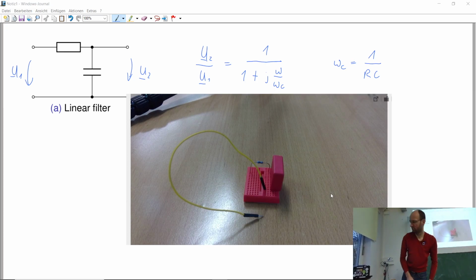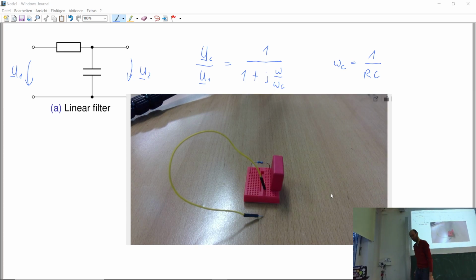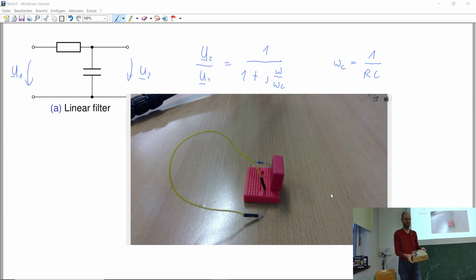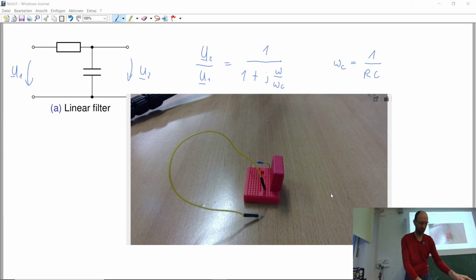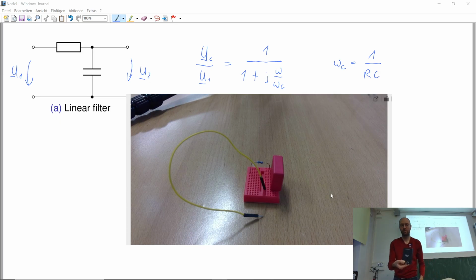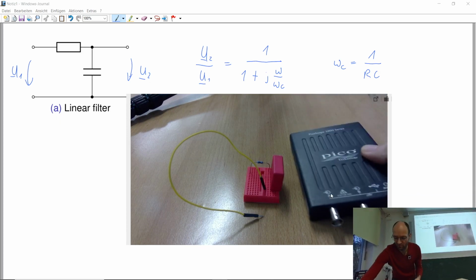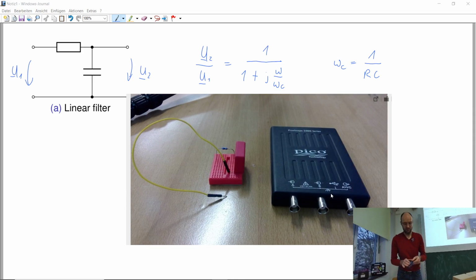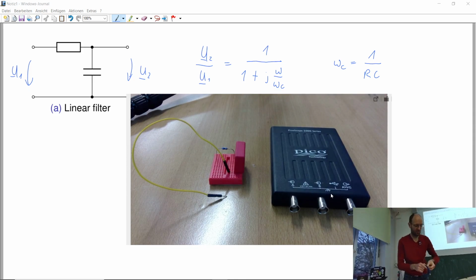And then we need some instrument to measure. For this, I've brought some USB powered scope from a company called Pico Technology. So it looks like this. And I need some USB cable to connect it to my computer.